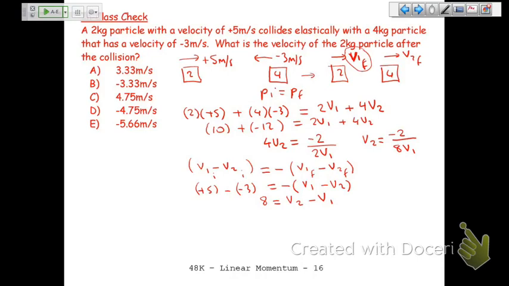I'm going to substitute in that guy there into that equation. Well, let's rearrange it first. Well, no, let's not rearrange it first. So I'm going to say 8 is equal to, I'm going to substitute in 4v2. So it's going to be minus 2 over 8v1 minus v1.